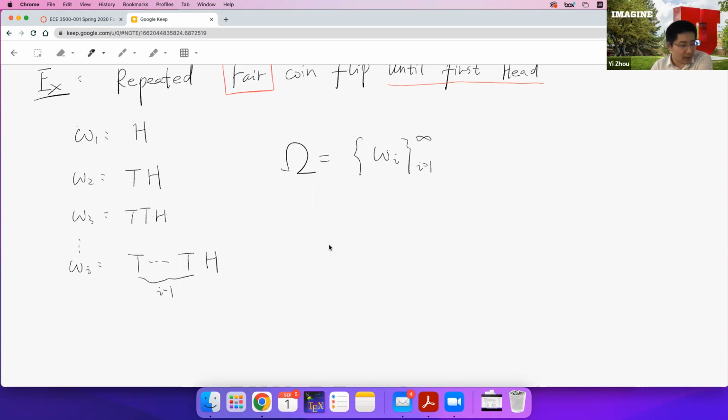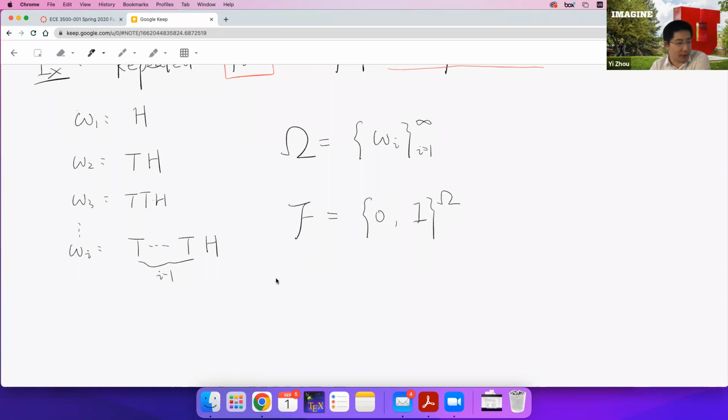And then for the sigma field on this event space, we can consider the power set, the biggest sigma field.